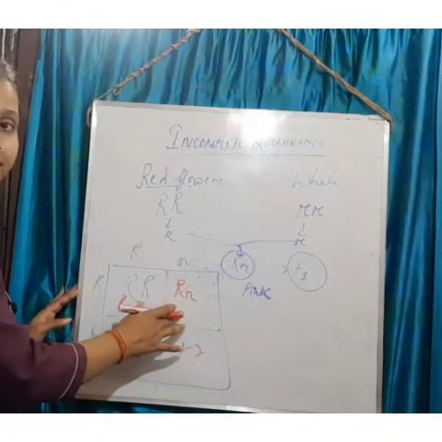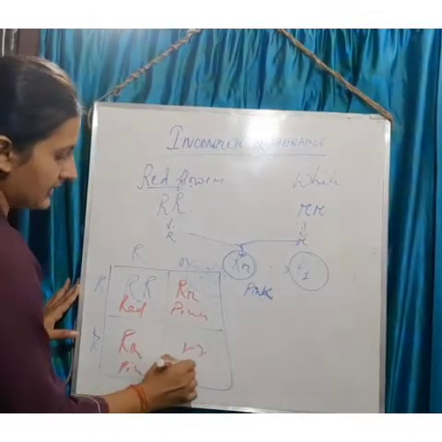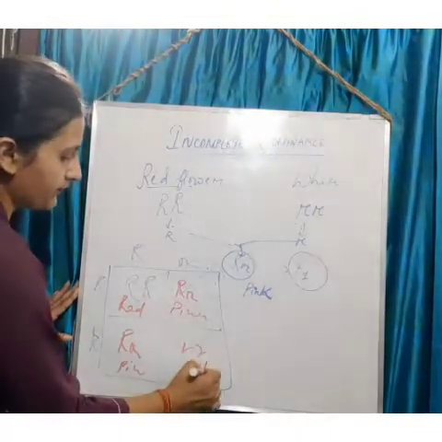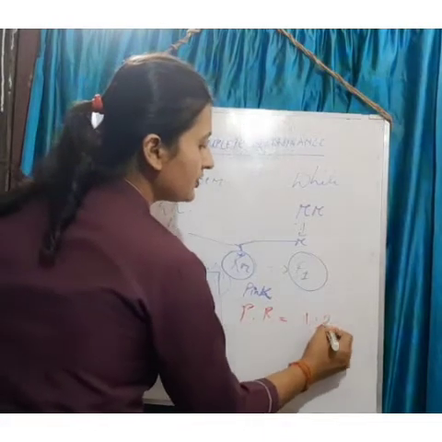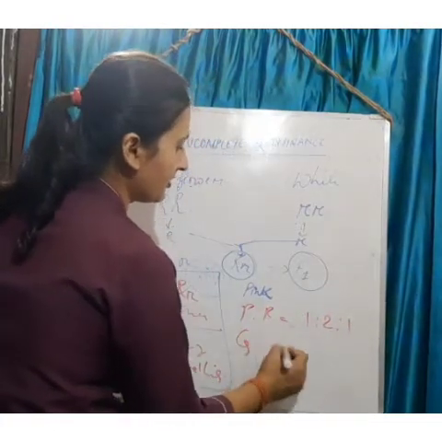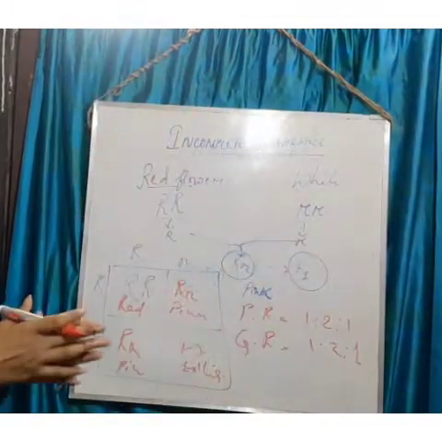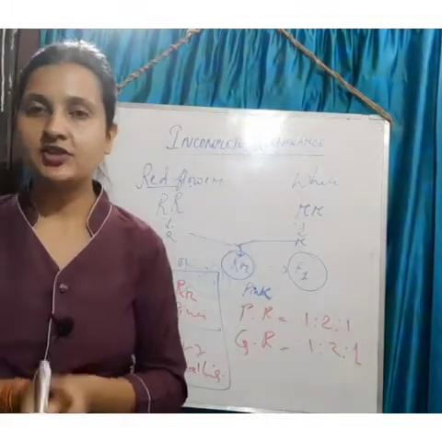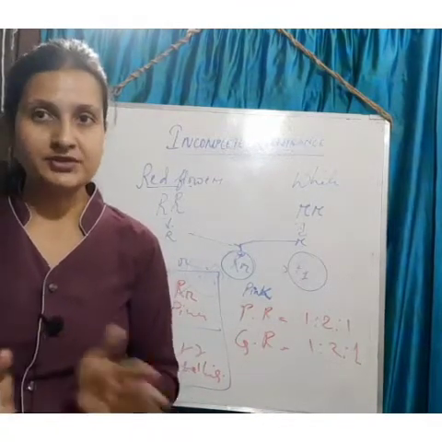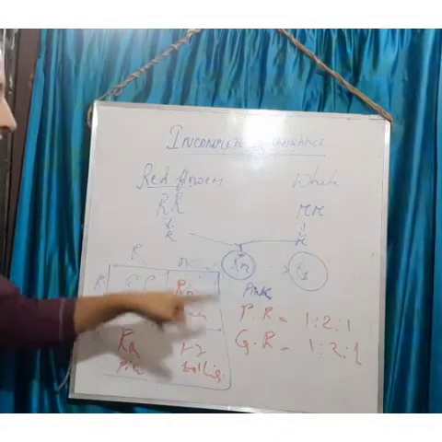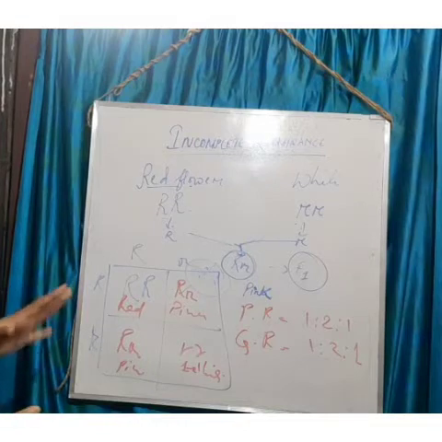This should be red, right? But it is pink. And this is white. So according to this, the phenotypic ratio is 1:2:1, and the genotypic ratio as well, 1:2:1. In Mendel's experiment, we have seen that the phenotypic ratio and genotypic ratio weren't the same, they were different. But here we can see the phenotypic ratio and genotypic ratio are the same.